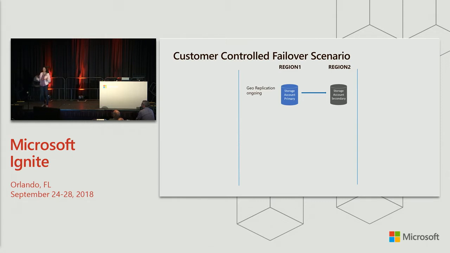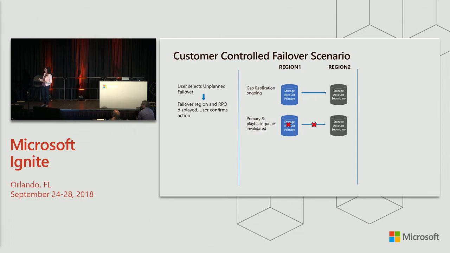This is available only for, as you can imagine, geo-redundant storage, so GRS and RA-GRS. So your geo-replication is going on. The user decides, I have unavailability issues on my primary endpoint. I want to go ahead and trigger my failover. You recheck and confirm the secondary region where you want to fail over, and what my RPO is. RPO indicates the amount of data loss that you're potentially going to have.